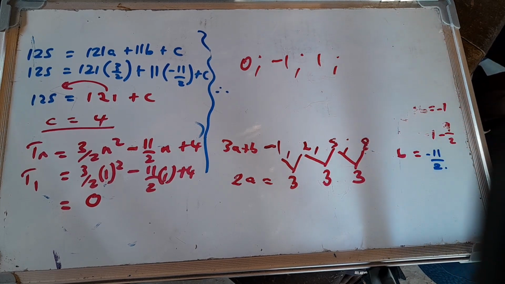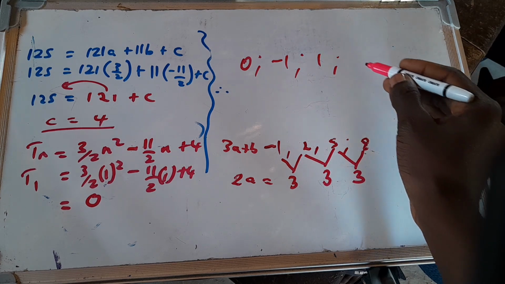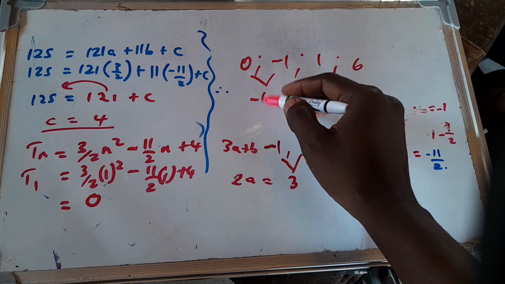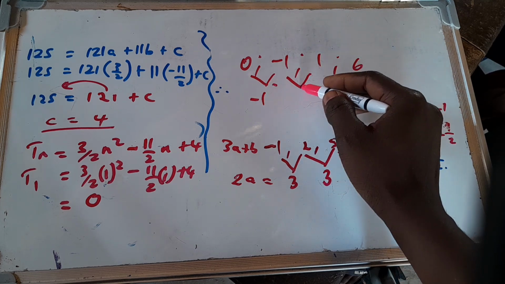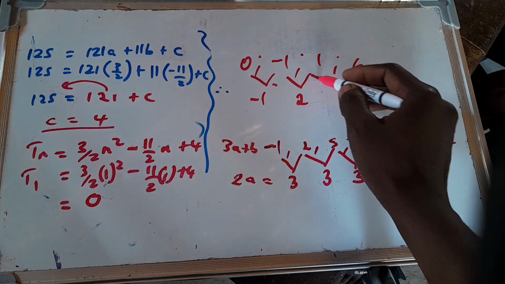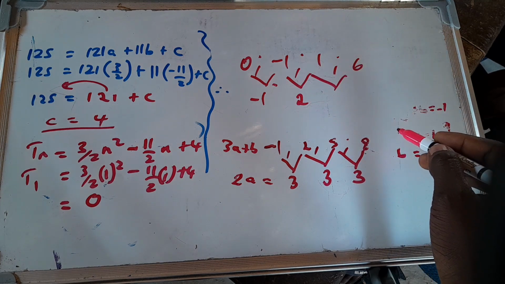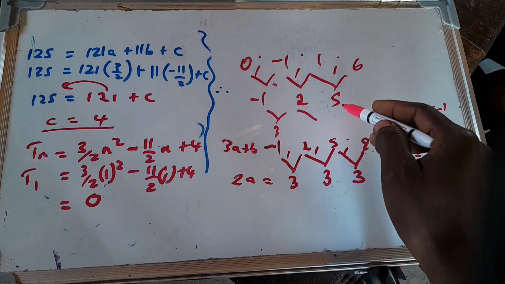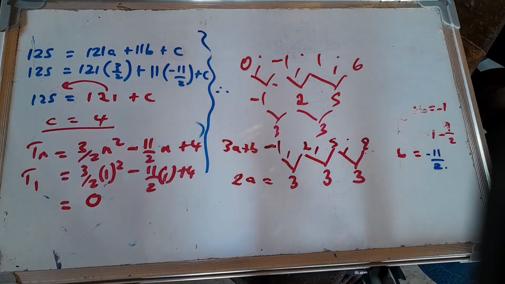This is the final sequence, with first differences of minus 1, 2, 5 and a constant difference of 3.